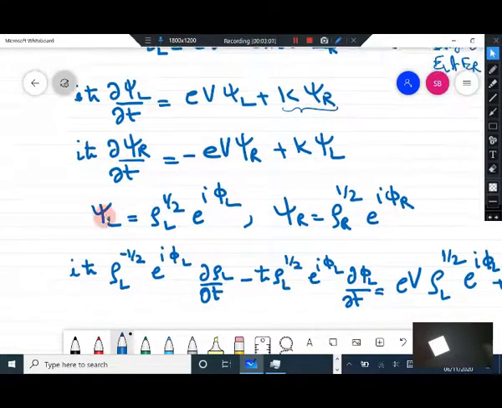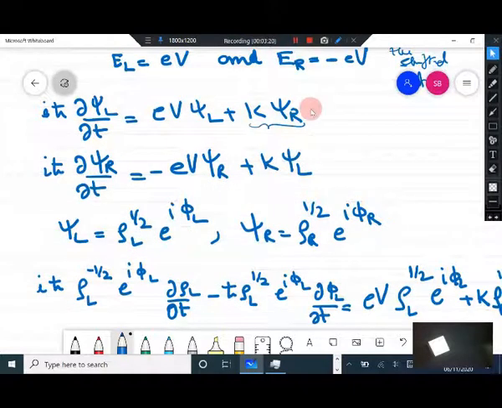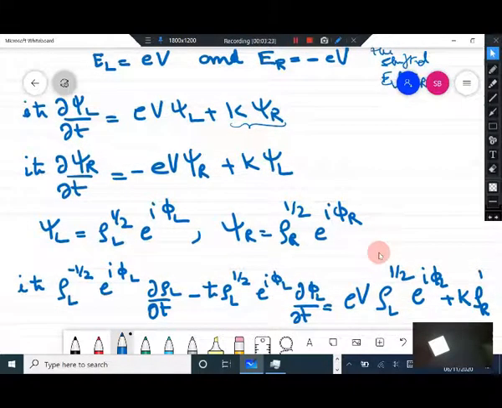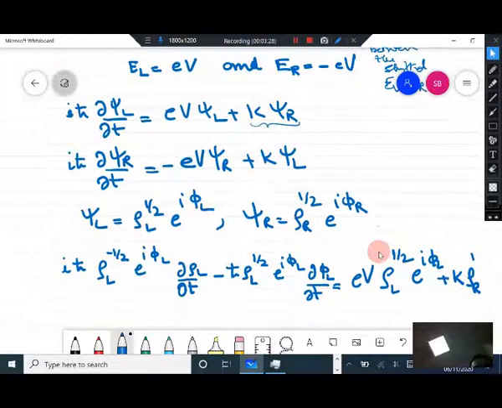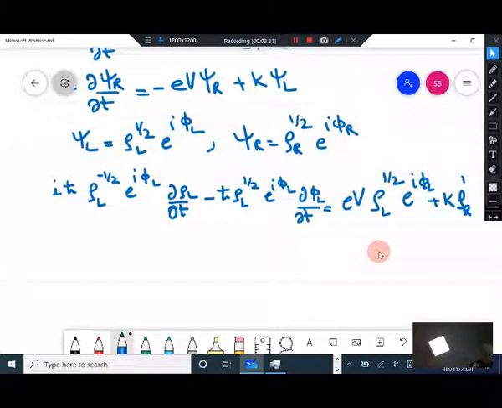Now psi L, in Ginzburg-Landau, we know this is the form: rho L, the density of Cooper pairs on the left side, raised to half, times e raised to i phi L, and similarly for psi R. You can substitute that in the above equation, and this is the form that you will get.